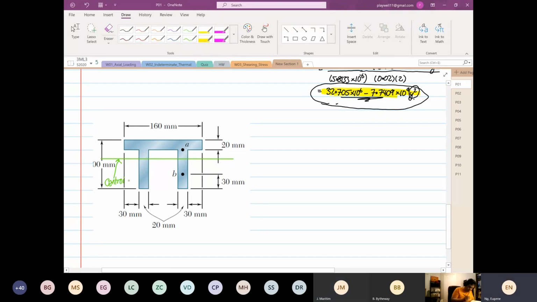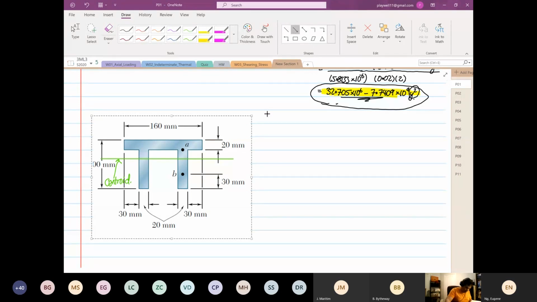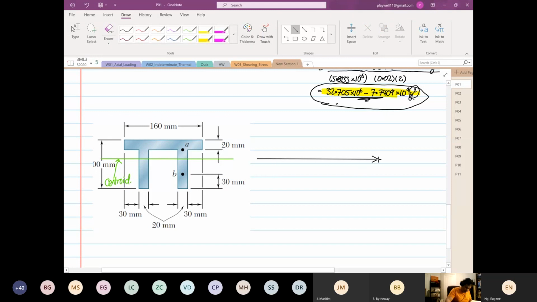And then we are going to draw our shear stress. So this is our shear.